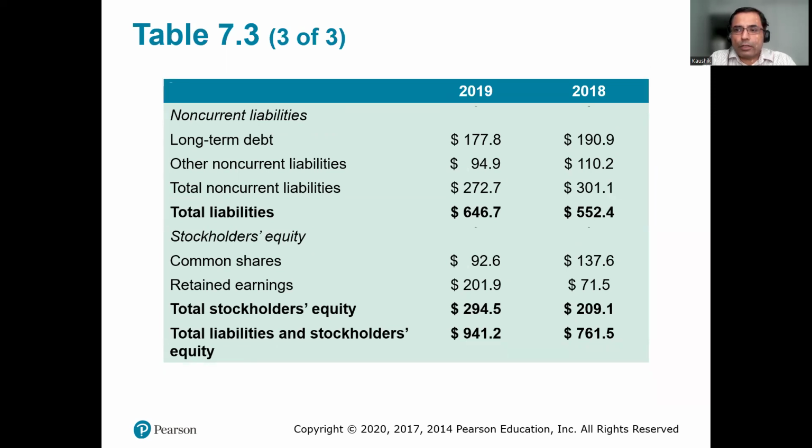Then we have the non-current liabilities, which are obligations which are due after more than 1 year, or which are due over the period more than 1 year. Long-term debt is an important part. And total assets minus total liabilities is the stockholders' equity. So we have common shares and retained earnings. Retained earnings is a part of the company's profits year after year, which is accumulating in the company's own account.